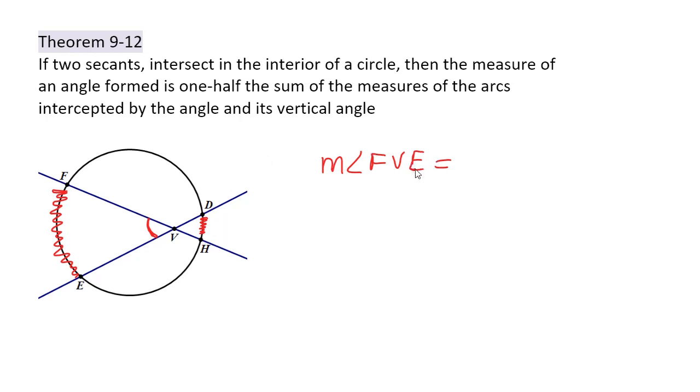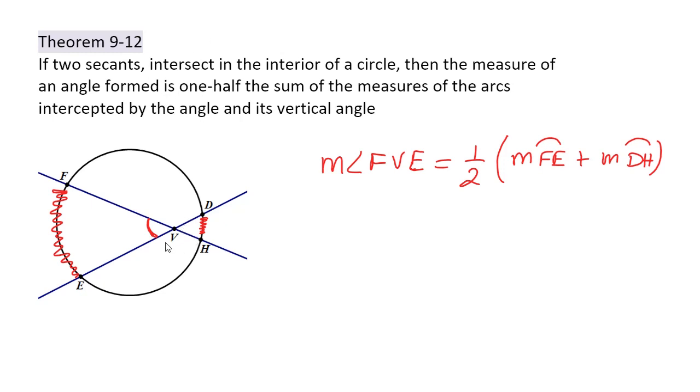So the measure of this angle would be equal to 1/2 the sum of the measure of arc FE and the measure of arc DH. Okay, so that's if I wanted to identify that measure.